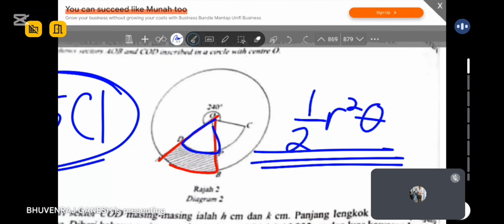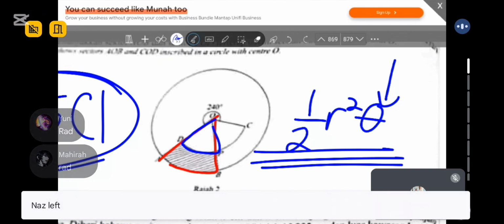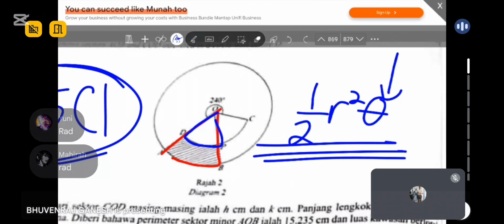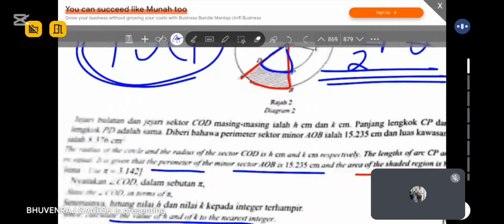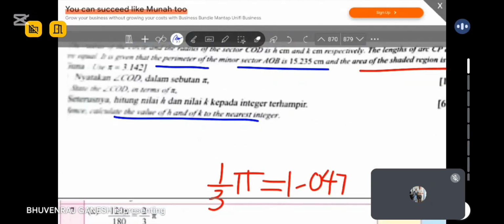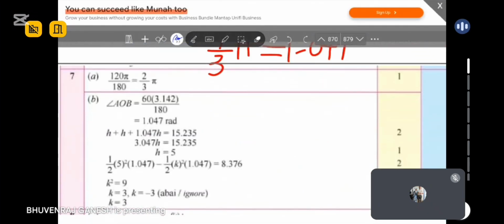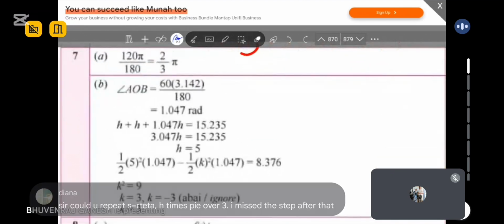Theta dalam darjah atau radian? Is your theta in degree or radian? Yes. This chapter always remember radian. Bab ni selalunya kena radian saja. Jangan guna degree. So then kamu akan dapat persamaan ni lah. Just get the equation.